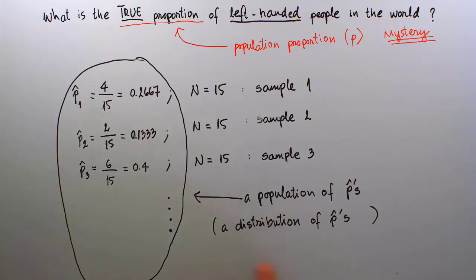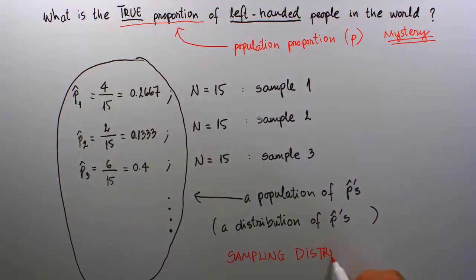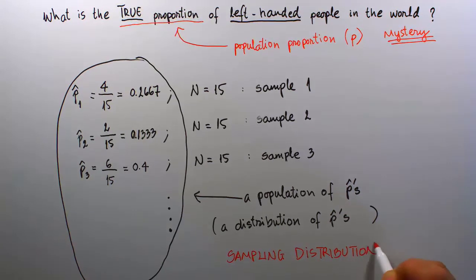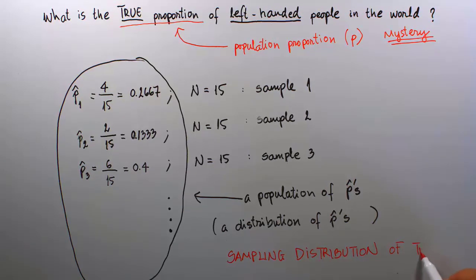So this entire population of sample proportions, or the distribution of all sample proportions, has a formal term: the sampling distribution of the proportion.